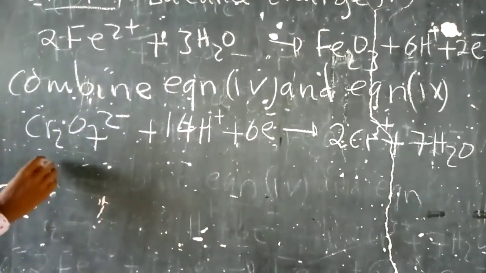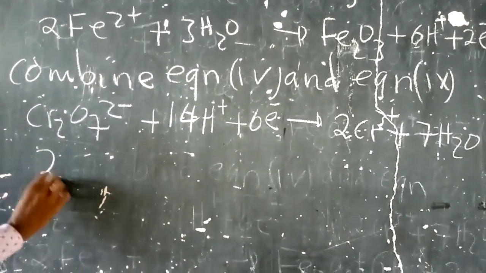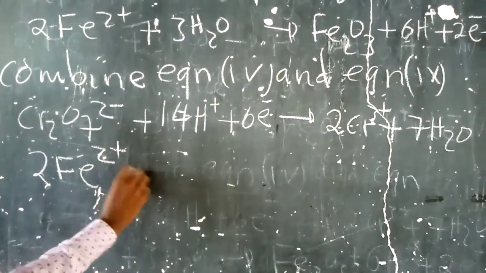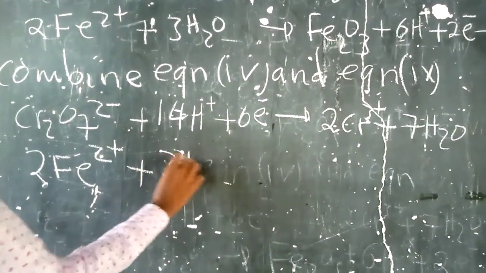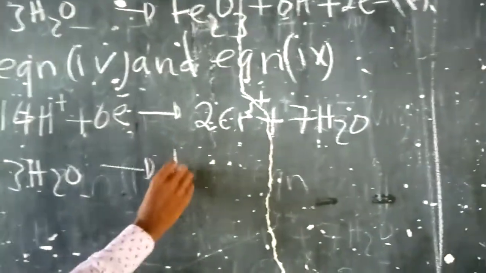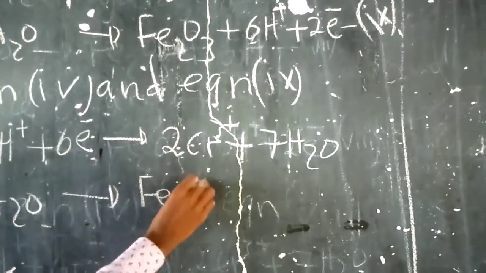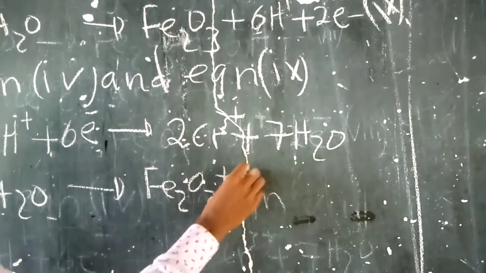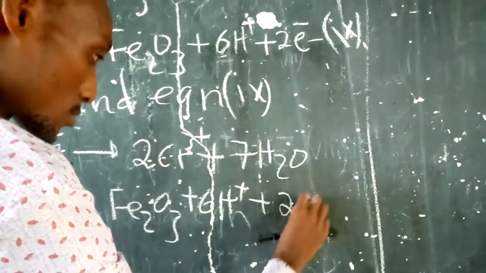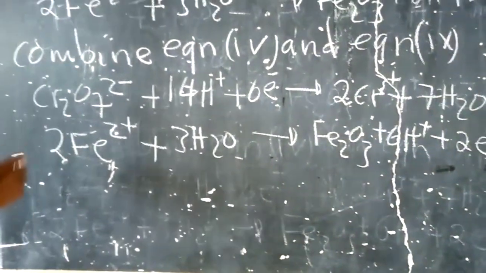It is 2 Fe2 positive plus 3 water molecules to get Fe2O3 plus 6 hydrogen protons plus 2 electrons.